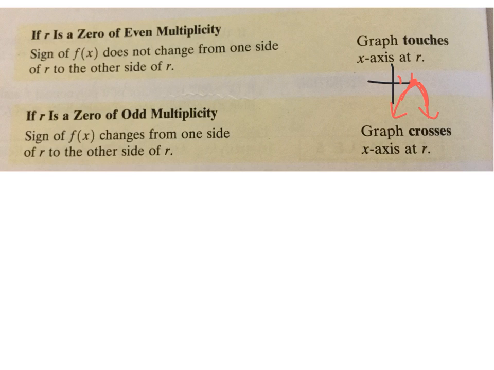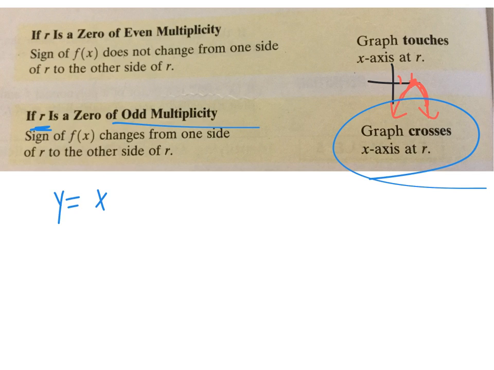Now, the flip side of that, if we have some x-intercept R that has an odd multiplicity, then the graph is going to cross the x-axis. So, your most basic ones of those, you've graphed lines for a long time. Lines are just polynomials to the first degree. Okay? So what would be your x-intercepts here?